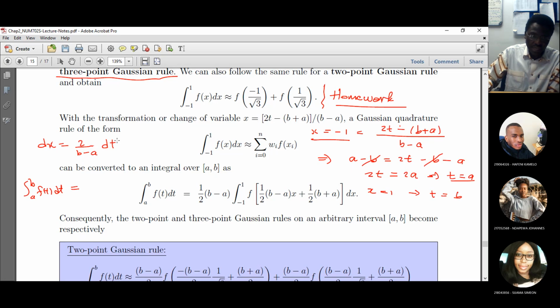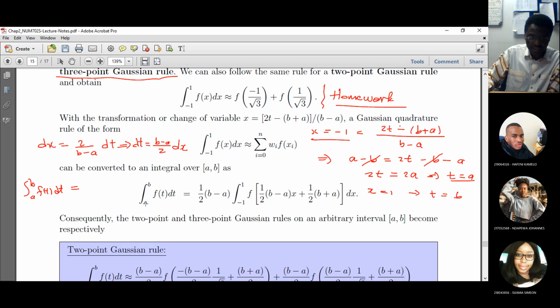This will give us, now you see that dt in terms of dx, if you replace dt here, I multiply by b minus a and I divide by 2, so that will be (b minus a) by 2 dx.